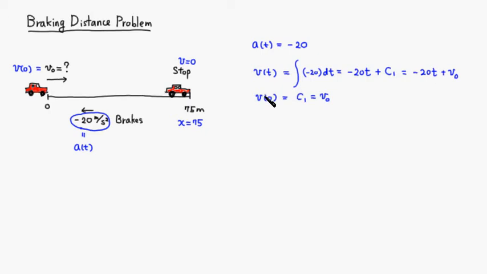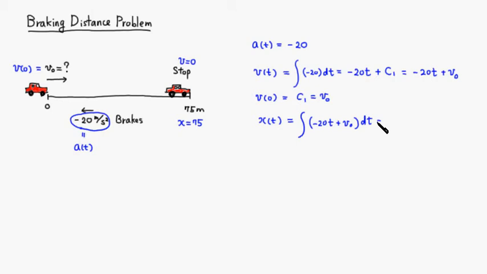All right. Now we can try to find the distance function. I'm going to call it x of t. x of t is simply an antiderivative of the velocity function, negative 20t plus v0, with respect to t.